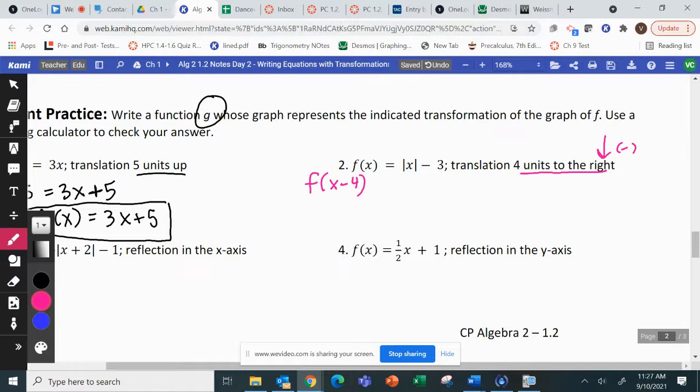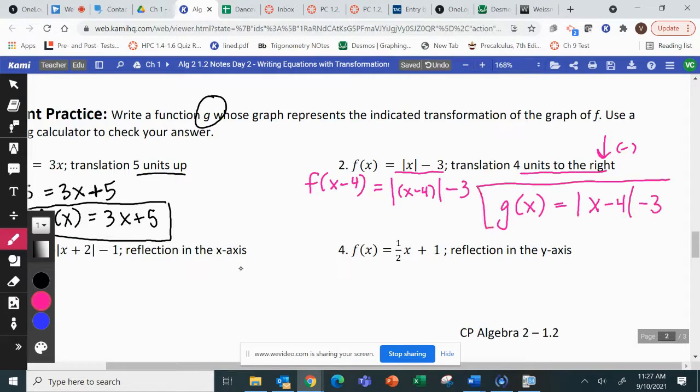So we're going to take our f equation, which is right here, and I will do absolute value of x minus 4, and then close the absolute value, minus 3. I don't need the absolute value and the parentheses next to each other. So g of x equals absolute value x minus 4 minus 3. You will need those parentheses though, just not yet. Just get used to doing them so that when we need them, you don't have to relearn it. 2 more.